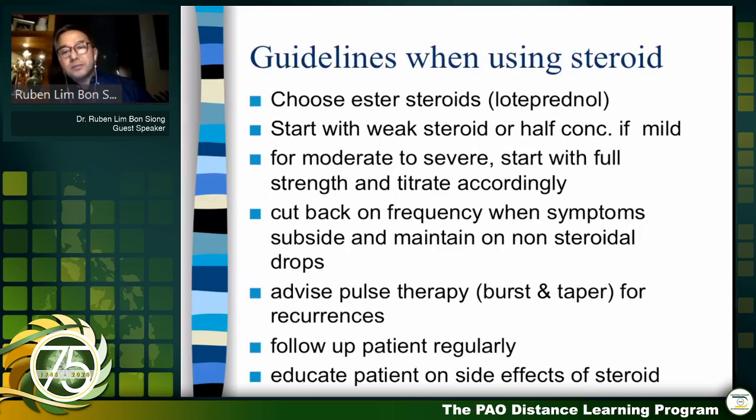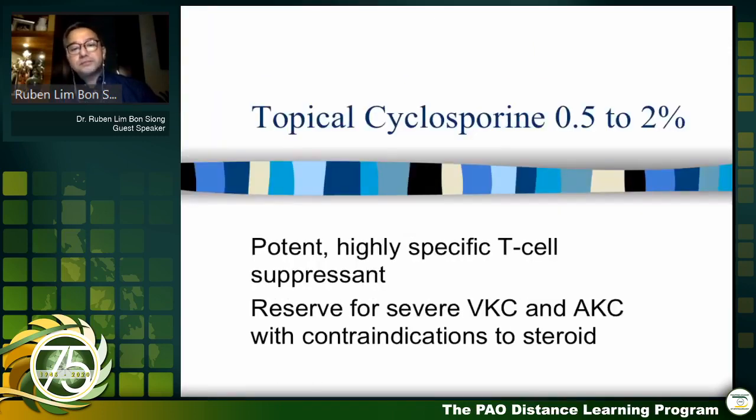Once the symptoms are gone, they should stop immediately. So pulse therapy only. In these cases, you don't have to do tapering. Then you have to advise them to follow up regularly, especially the children, especially if they're on steroids. And never forget to educate them on steroids.